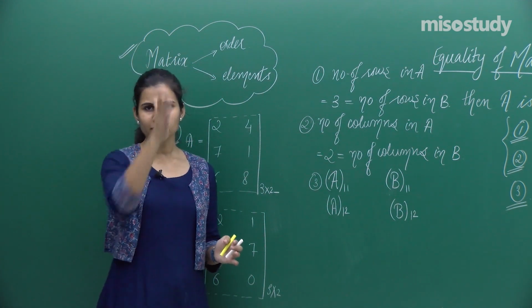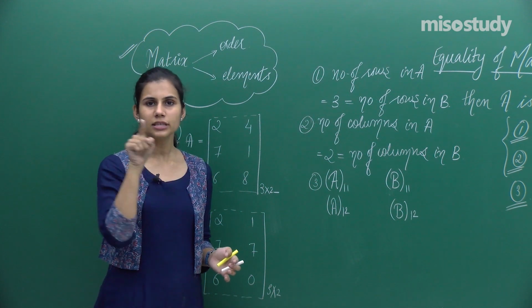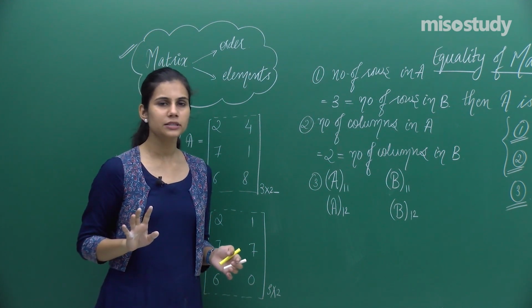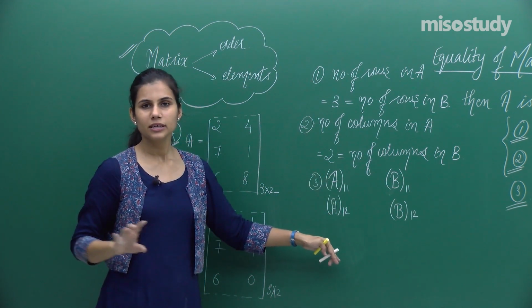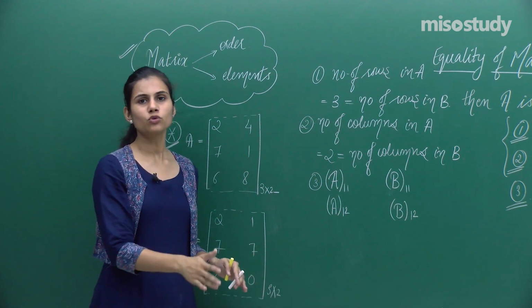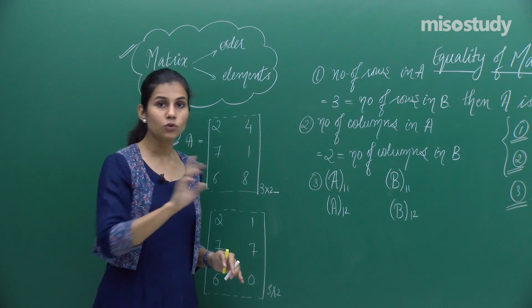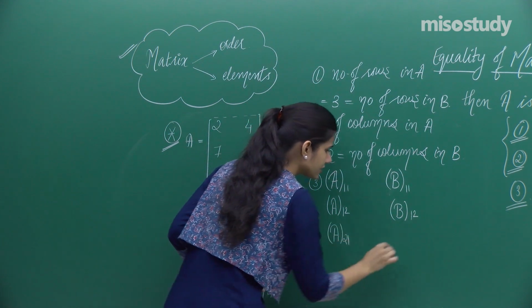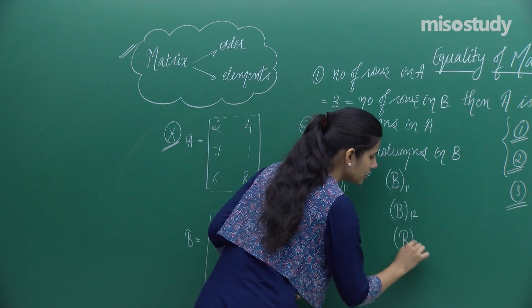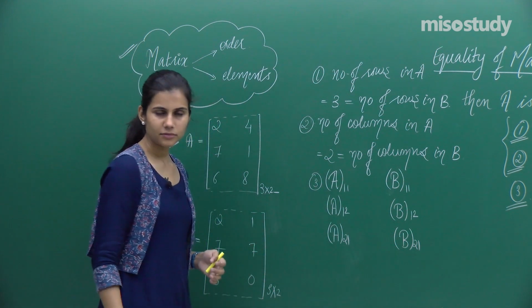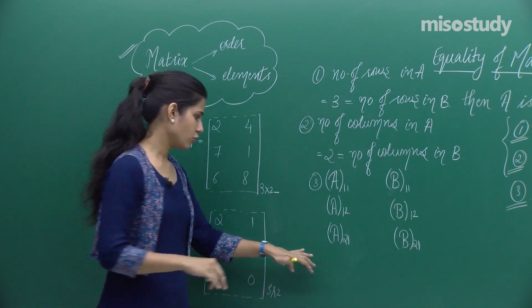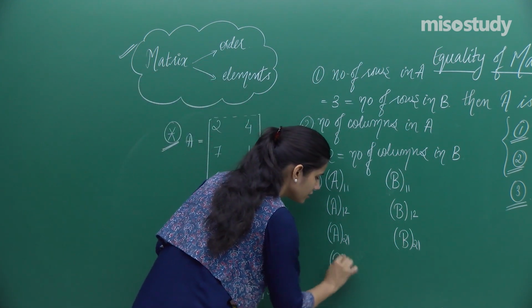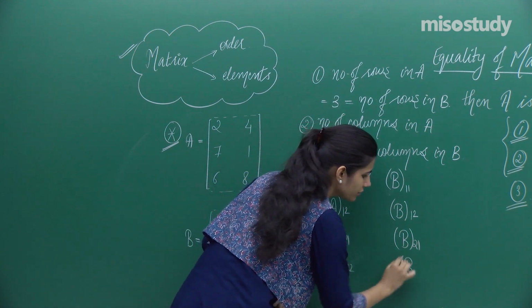Because there are 3 rows and 2 columns. The first row will intersect with both the columns to give you 2 intersections, the 1/1th and 1/2th element. Then the second row will intersect with the 2 columns to give you the 2/1th and 2/2th element. So there will be a 2/1th element in matrix A and a 2/1th element in matrix B, and also a 2/2th element in each.